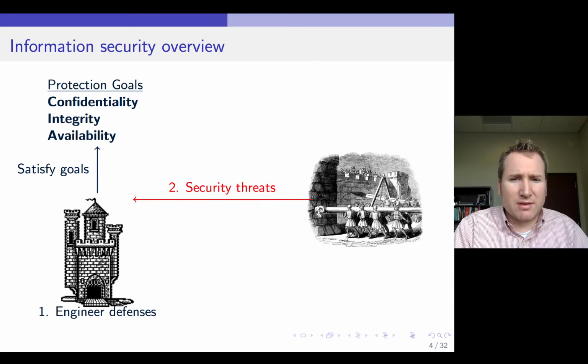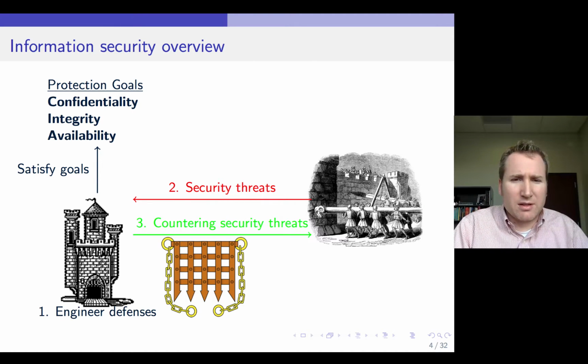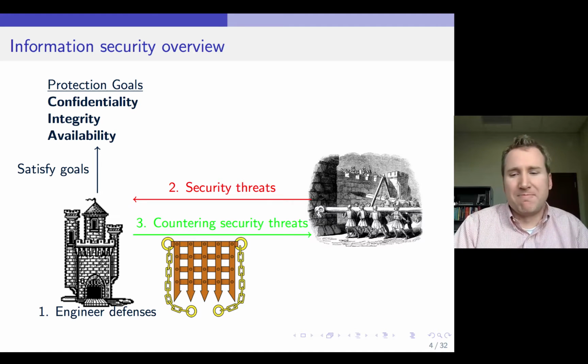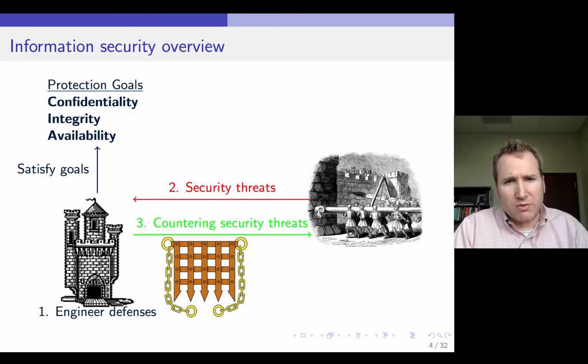But then this process continues, where the defender can actually adapt and engineer new defenses to counter the security threats in particular. So finally, pushing this metaphor to breaking point, you could push down the portcullis to block the battering ram. So that's the overall sort of way to think about information security.